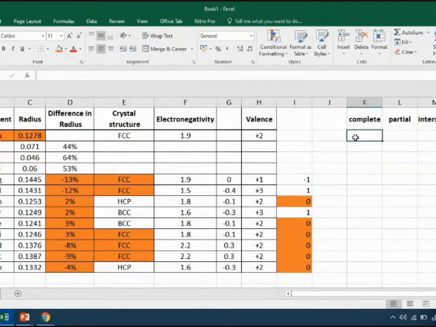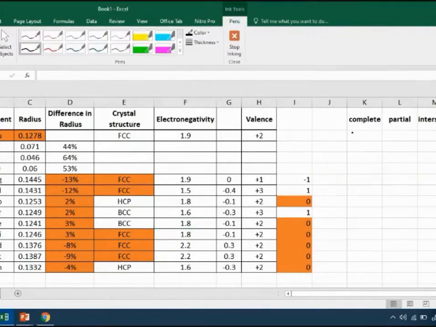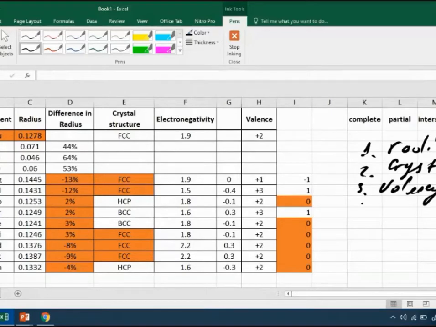First, radius. Second, crystal structure. Third, valency, and then I will look at electronegativity.